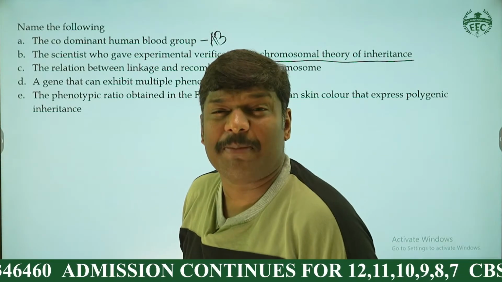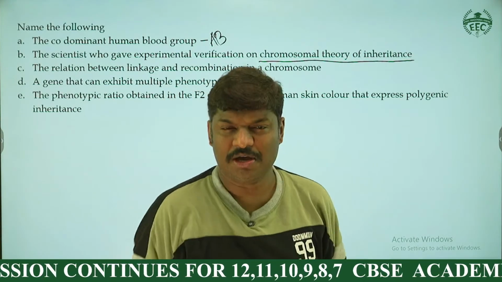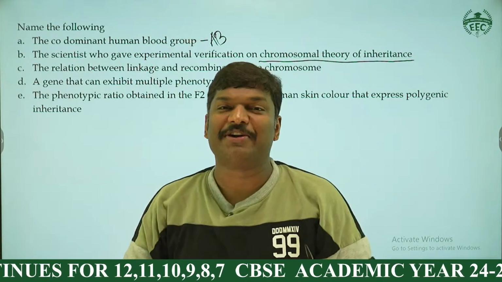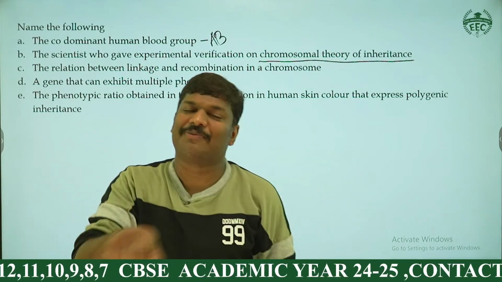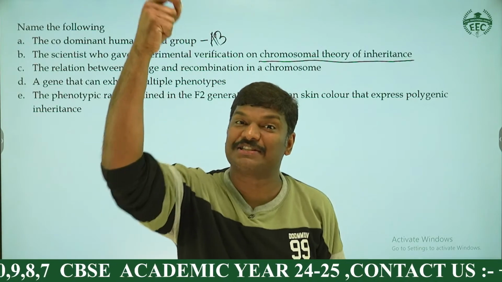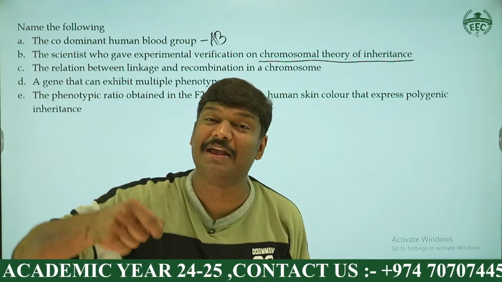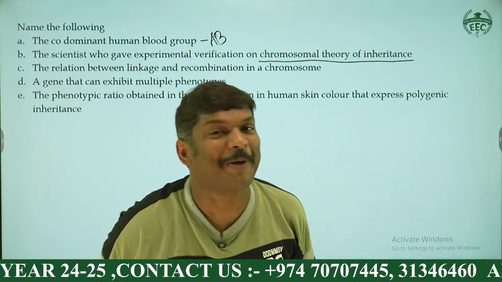In the chapter Molecular Basis of Inheritance, you studied that DNA replication is semi-conservative. What do you mean by semi-conservative? A parental DNA divides into two daughter DNA. In each daughter DNA, one is the parental strand and the other is a newly synthesized strand. So half of the parental strand is conserved. Who proposed that concept?